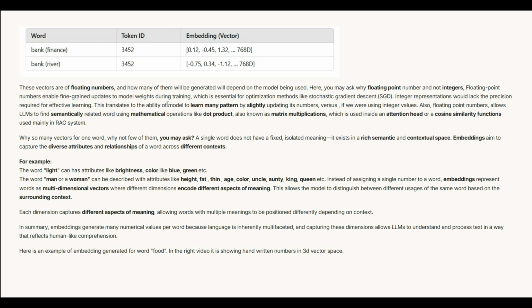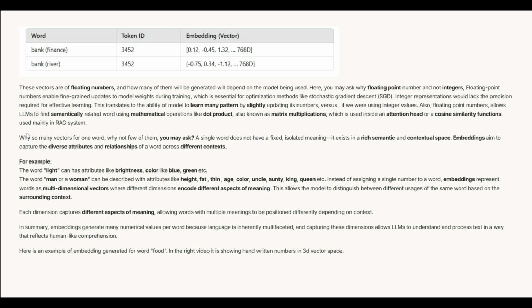This translates to the ability of the model to learn many patterns by slightly updating its numbers, versus if we were using integer values. Also, floating point numbers allow LLMs to find semantically related words using mathematical operations like dot product, also known as matrix multiplication, which is used inside an attention head, or cosine similarity functions used mainly in RAG systems.